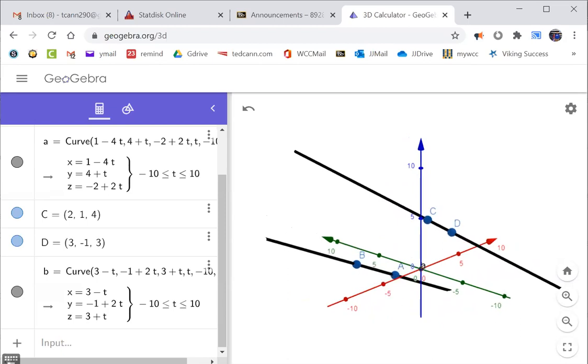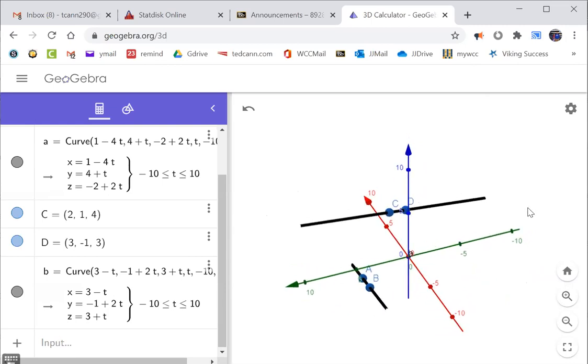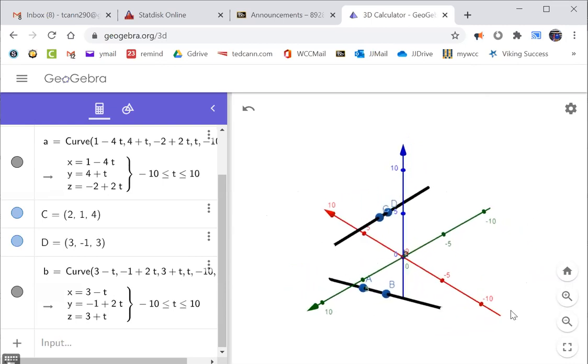Here, we're getting two lines that are not parallel to one another, because they're not going to be equally distant from each other for all values of t, but they're never going to intersect. Those are what we call skew lines, right? So I'll make a little note of that in the notes.